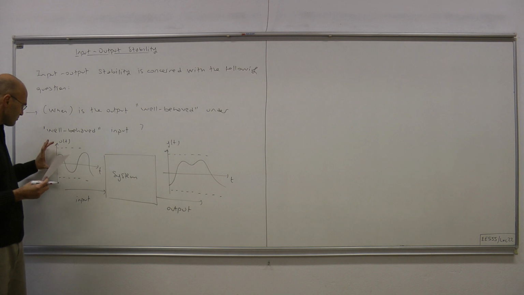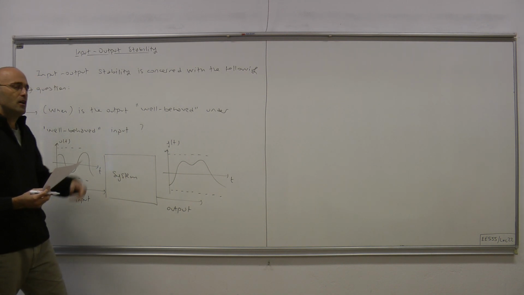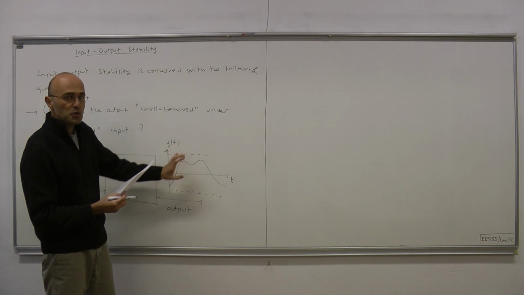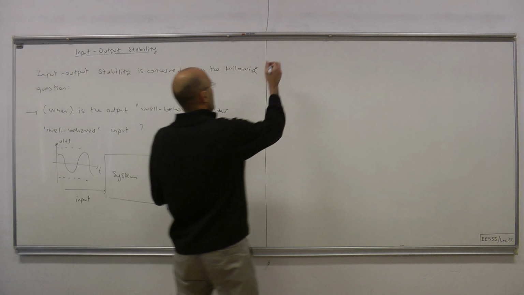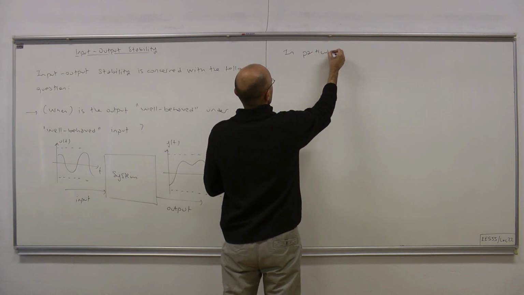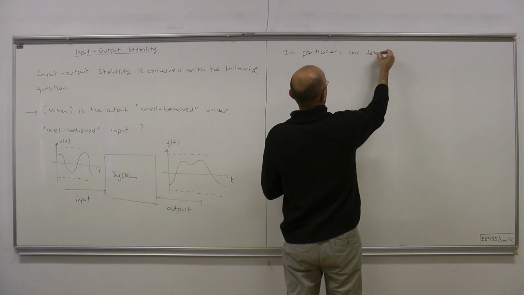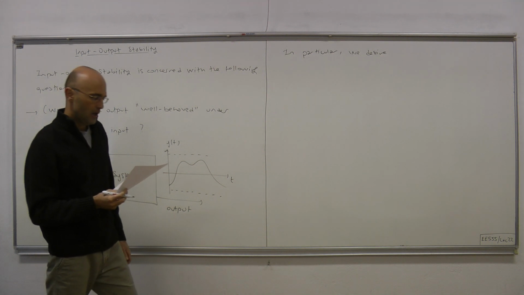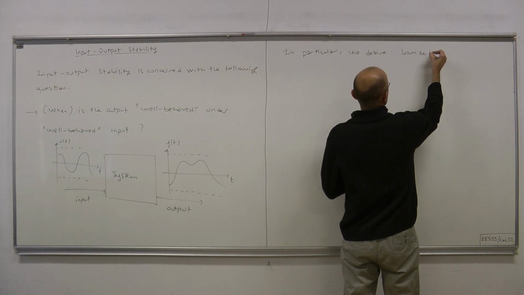And the smaller the bound on the input that you can place, you want in general that the bound on the output is also getting smaller and smaller. So in a sense, what we desire is bounded inputs generating bounded outputs.